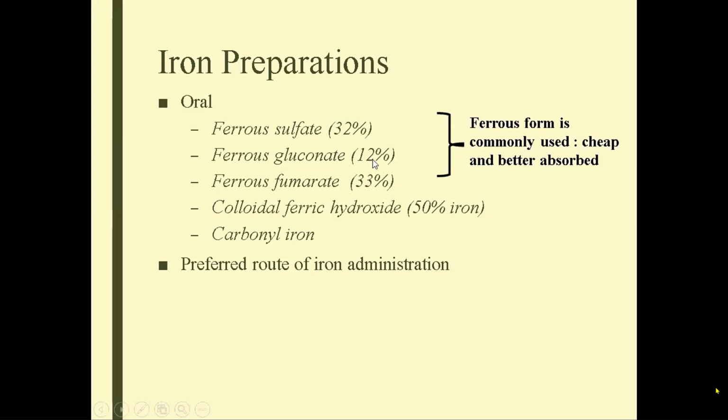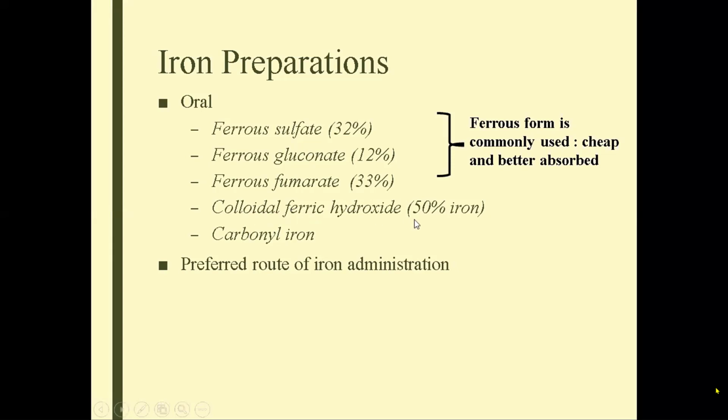So 32%, 12%, 33%, these are the percentages of pure elemental iron in the salt forms, so there are different percentages of elemental iron in different preparations. 32% in ferrous sulfate. But it also varies in the dose, you just go for the dose. Actually, what dose is needed, right?